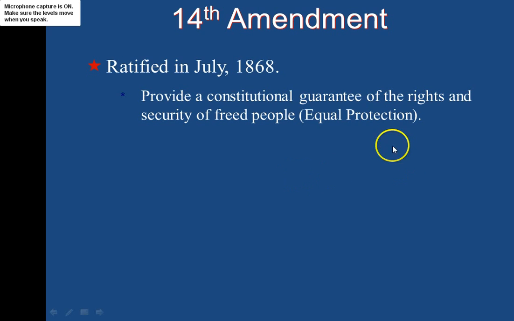And this is important because this comes up a lot these days when we're talking about the rights of minorities, especially one example is gay marriage. They're going to bring this up in court to make sure that they're getting their equal rights protected. Anyways, back then, it was something to combat those Jim Crow laws.